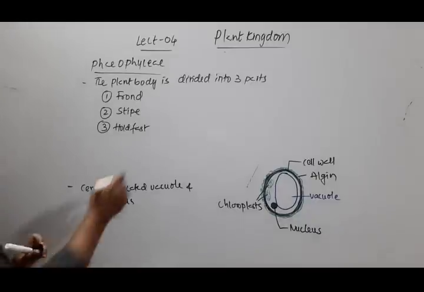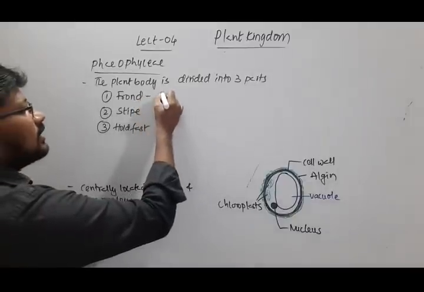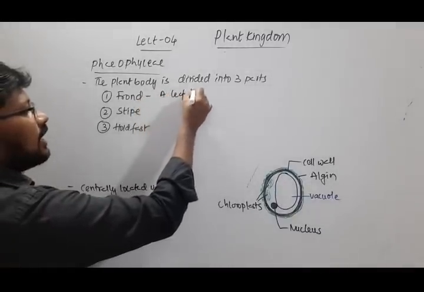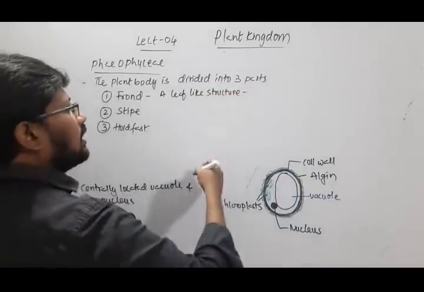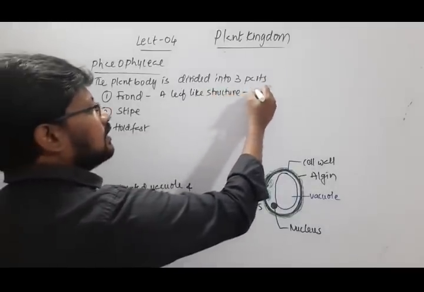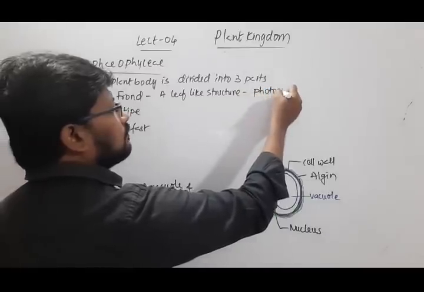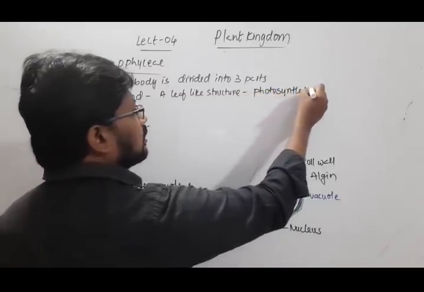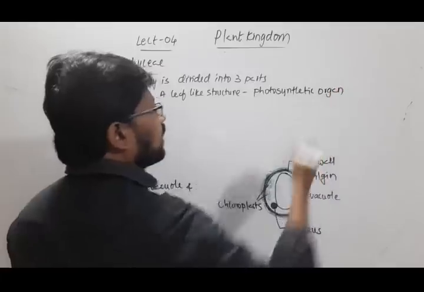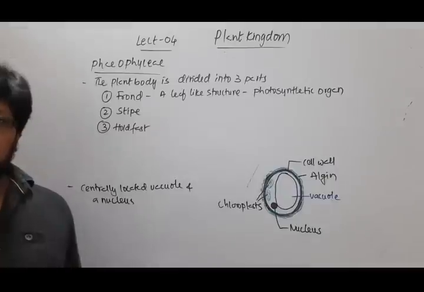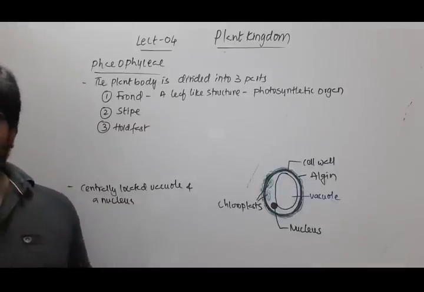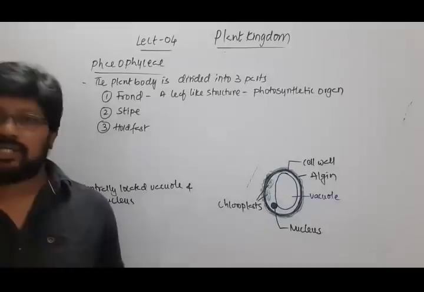Here the frond is actually a leaf-like structure, and it is involved in the process of photosynthesis. So it is a photosynthetic organ. I told you that in algae there is no true root, stem or leaves.